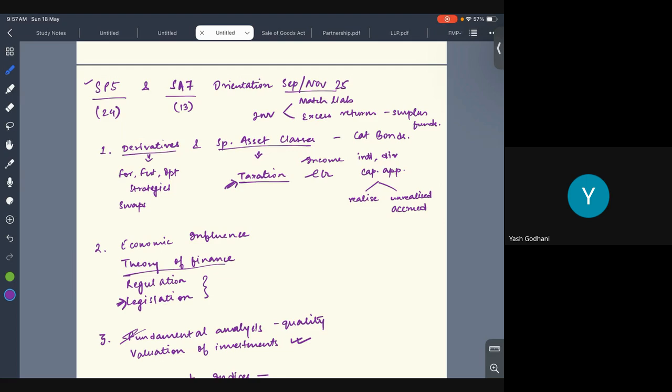Because if you want to appear for SP5 and SA7, either you do it in the same diet, or if you are giving SP5 this diet, then next diet do SA7.